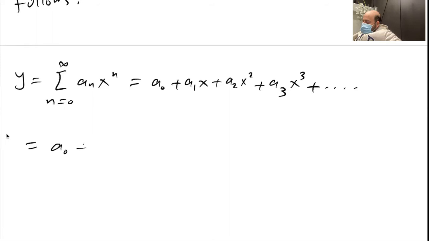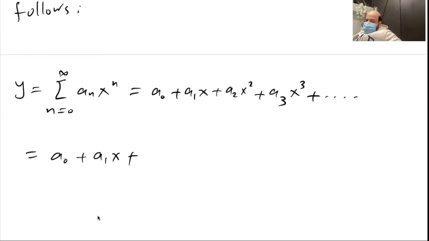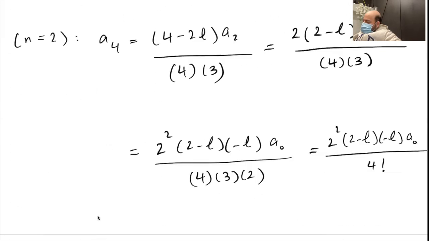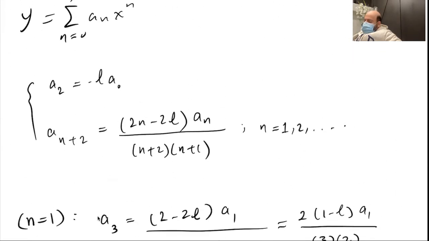Now I can write this one as A0 plus A1 x plus, what would be A2? A2, if you remember, was minus L A0. I can also write this one as 2 times minus L divided by 2 factorial A0. So basically, I'm just saying that I'm allowed to multiply and divide this number by 2 and then write it in this form.